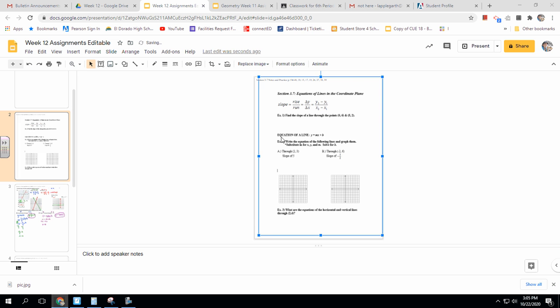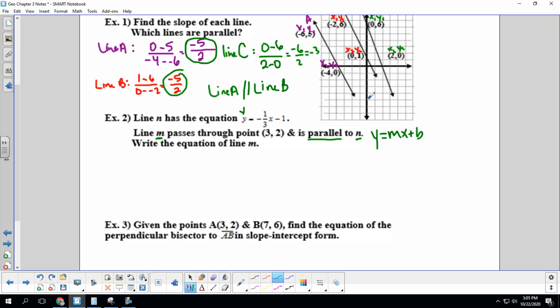If I write that on top of here, y equals mx plus b, we can see that the m is equal to -1/3.